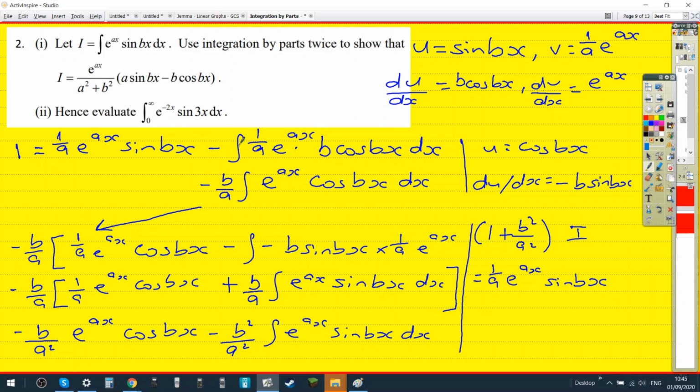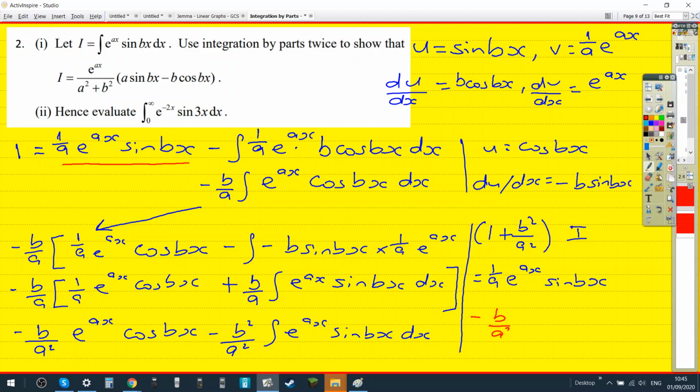There's two minuses. Hold on. So we just copied out this bit, yeah? Then we have minus b over a times the integral of this thing. So that is the same as this bit here, which we moved to the other side. I think it's minus.